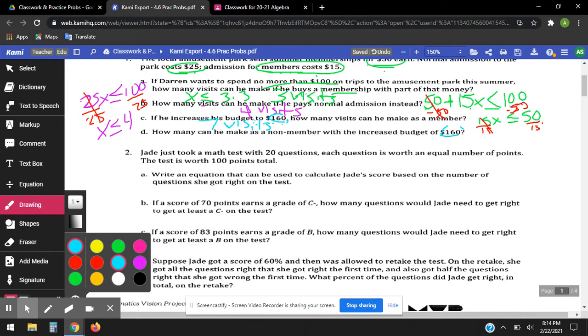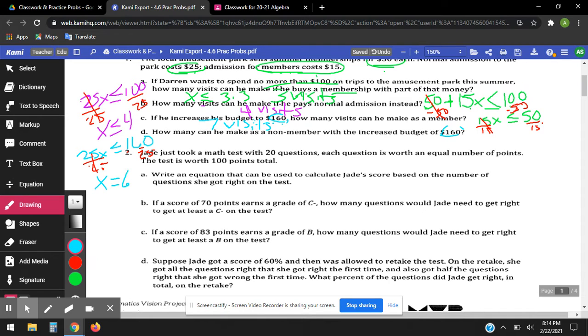So if we do our 25x is less than or equal to 160 this time, divide by our 25, and x equals 160 divided by 25. So now 6.4. So he can only make 6 visits.